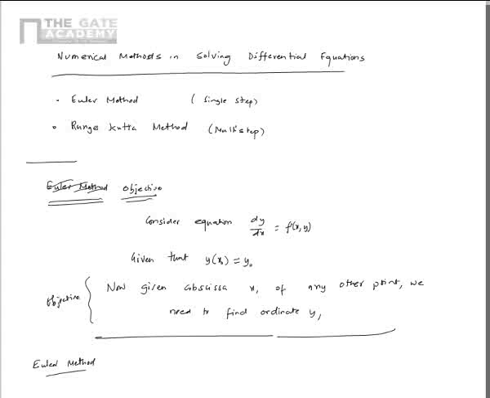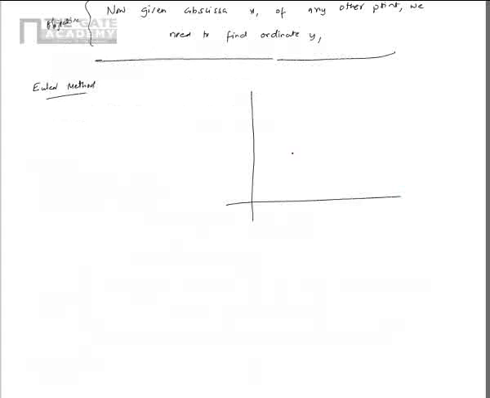What the Euler method says, we'll explain along with the graph as well. Let's say you have a point x naught and another point.